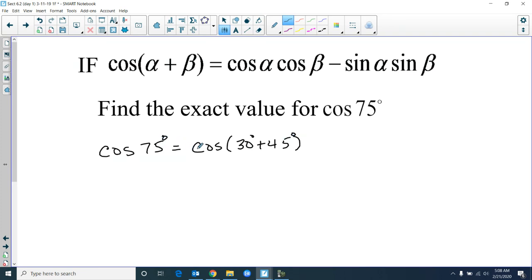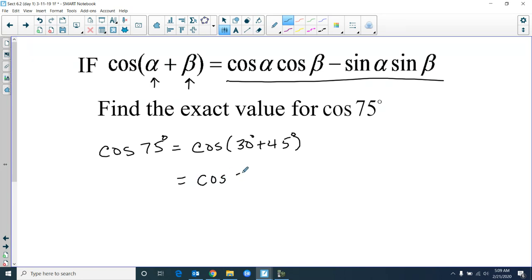To find the cosine of 75 degrees, I'm going to use this formula with 30 and 45. Sometimes it's helpful to think of this as first angle and second angle. So it's the cosine of the first angle times cosine of the second angle minus sine of the first angle times sine of the second angle. 30 degrees is my first angle, and it really doesn't matter which is first or second as long as I follow the formula.